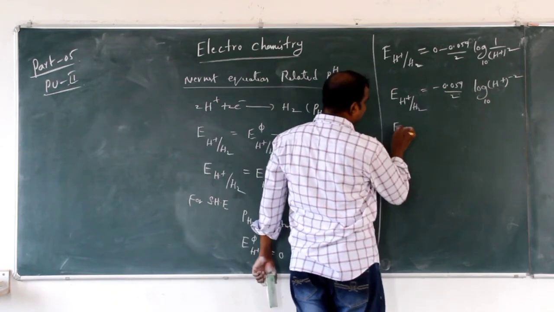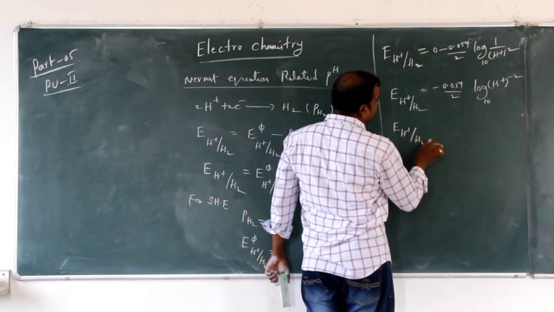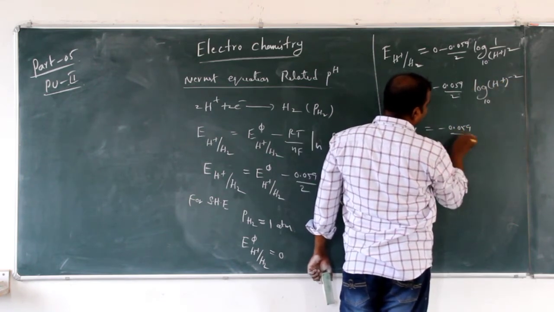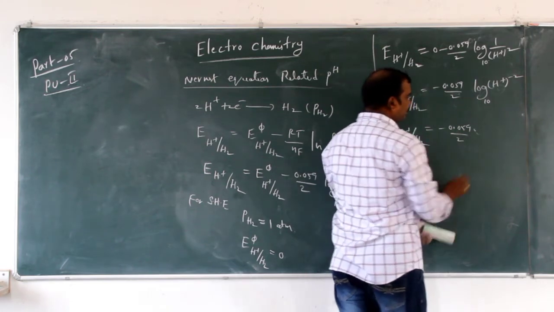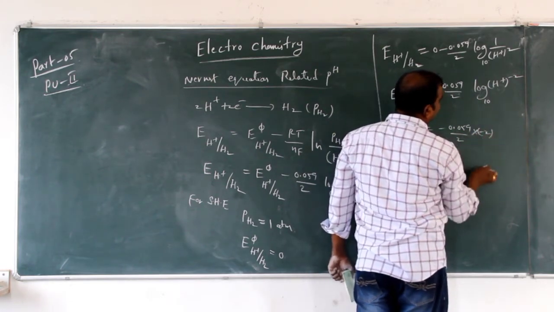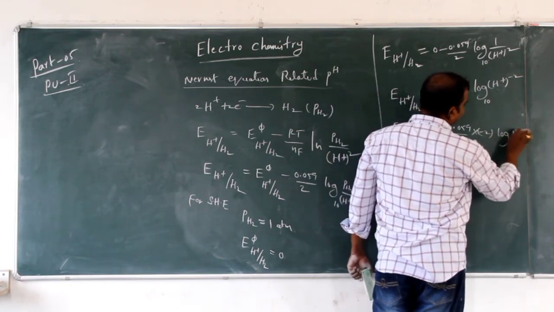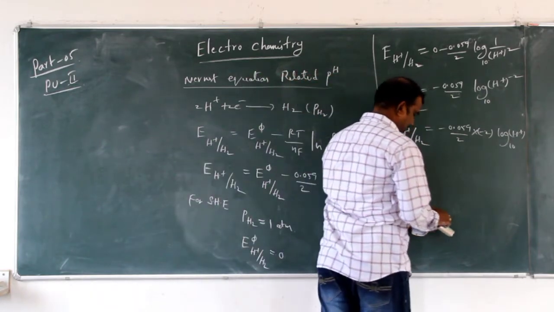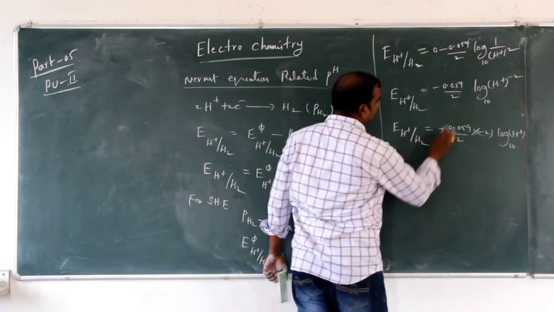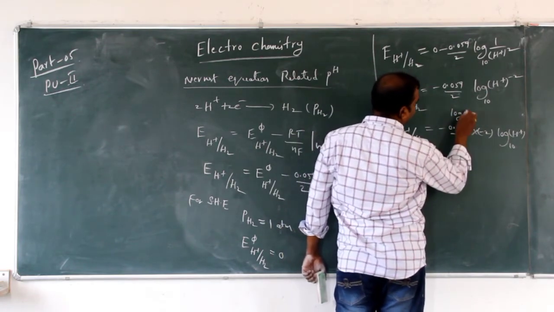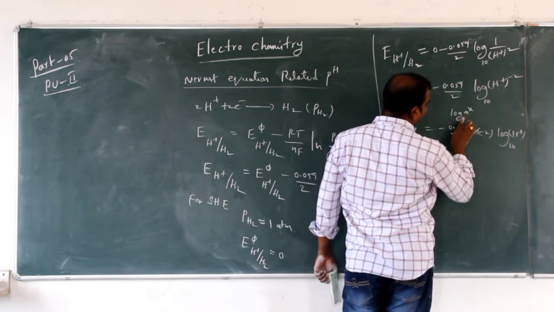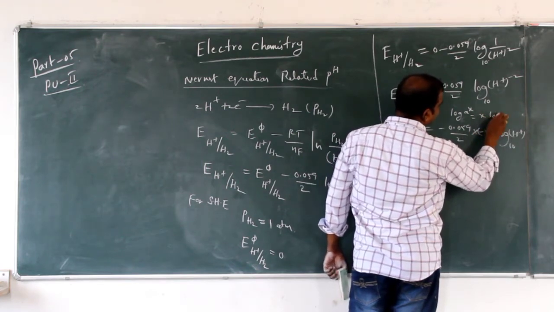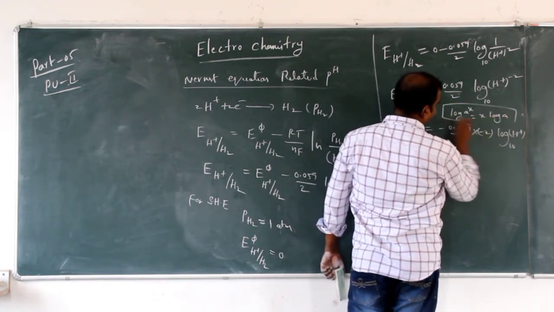So it becomes minus 0.059 by 2 into minus 2 log of H+ concentration, base 10. How does it become minus 2? Using the formula log A power x is equal to x into log A, you can write that.